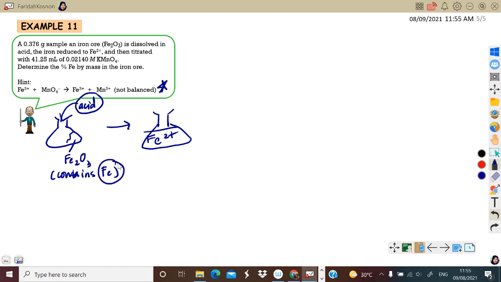Okay, so now since we determine just now the mole of iron 2+, which is 4.414 times 10 to the power of -3 mole. Dia ni, iron 2+ ni datang daripada iron solid yang ada dalam iron ore.